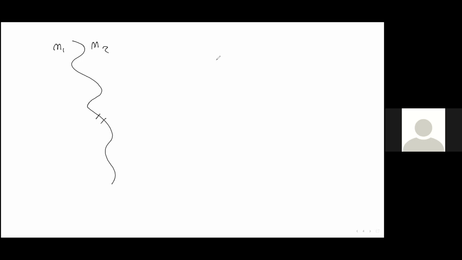Locally, you can approximate the interface with a flat interface, and locally the Snell law will be valid. Okay? And we shall see that locally, light coming at a certain angle will be refracted at a certain angle.